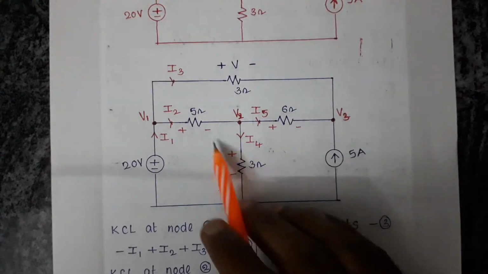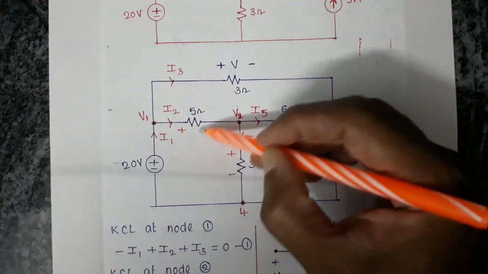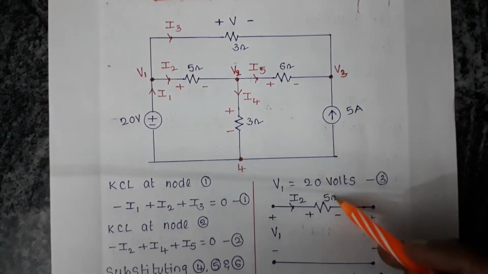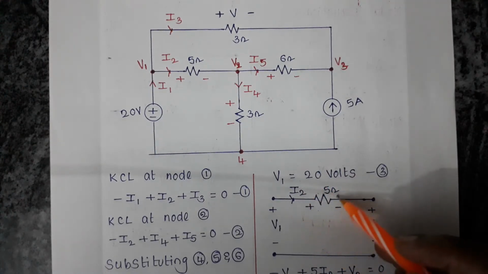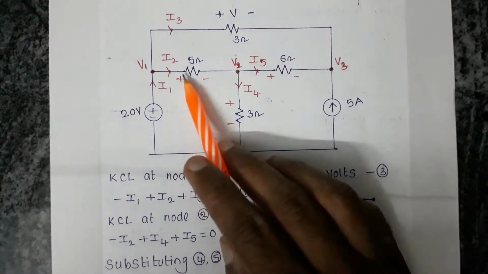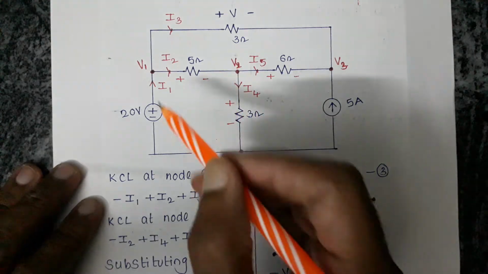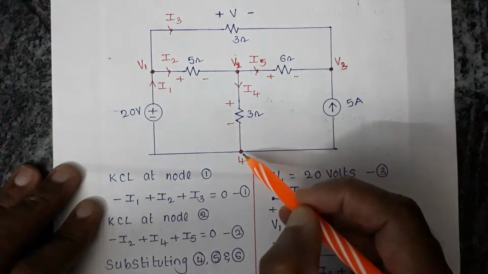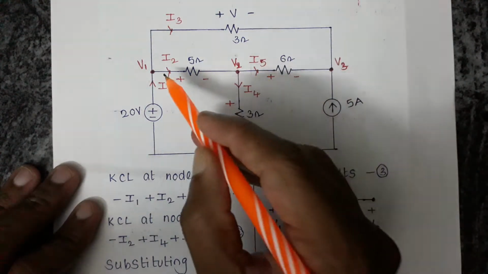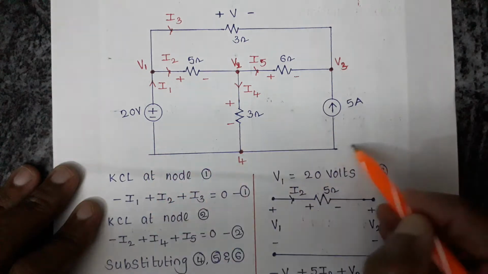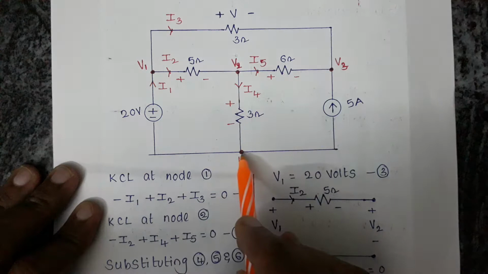I2 is the current in the 5 ohm resistor. Now I am taking this part of the circuit: the 5 ohm resistor, and the current flowing in that 5 ohm resistor is I2. The voltage from this node to the reference node is V1, and from this node to the reference node is V2.